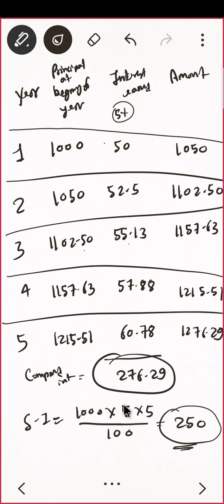So if I do the same thing that I did here with a number, if I am putting P and if I am putting this as R, then I'll be getting a formula at last, and that formula you can also directly write, that is amount at the end of n years, that will be P into bracket 1 plus R upon 100 raised to n.